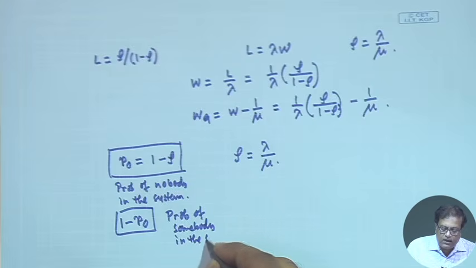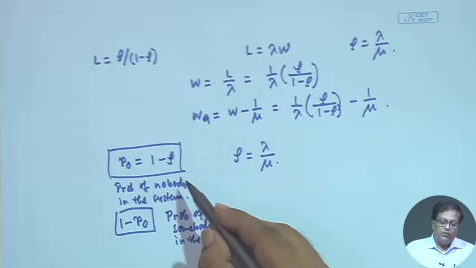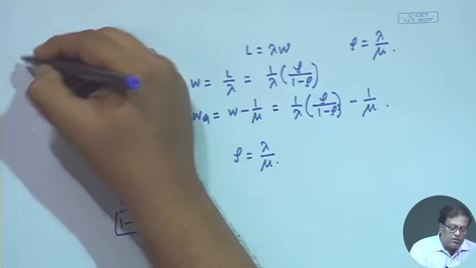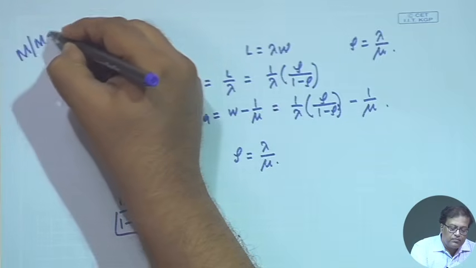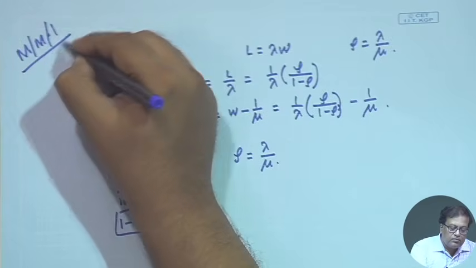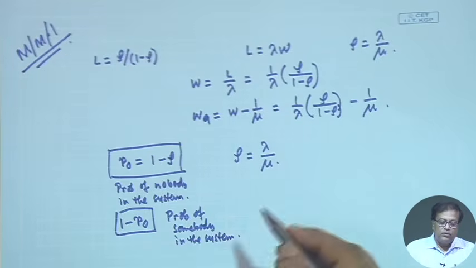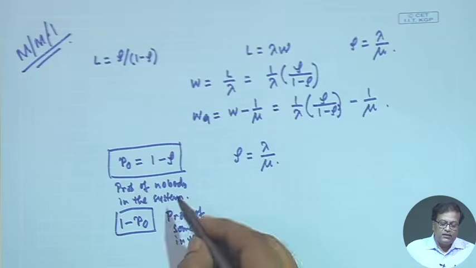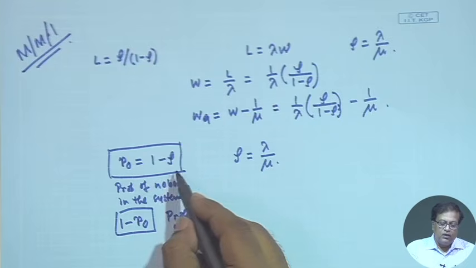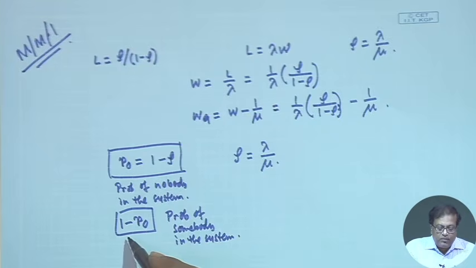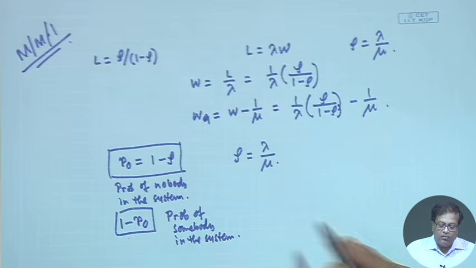It is the other side of the picture. One side of the picture is probability of nobody in the system. So, all these are for the M/M/1 queue, right. So, probability of nobody in the system is P0, 1 minus rho. So, probability of somebody in the system is 1 minus P0, and what is the value?